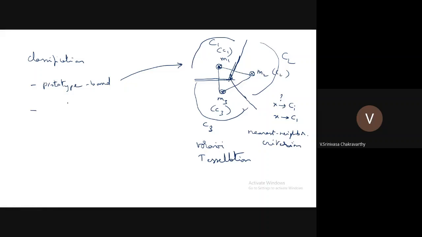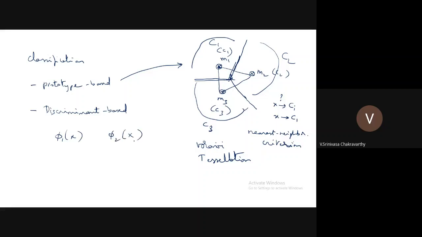But there's another major category of classification techniques called discriminant based classification. In discriminant based, there's a function defined for each class. I'll call these phi1 of x and phi2 of x.